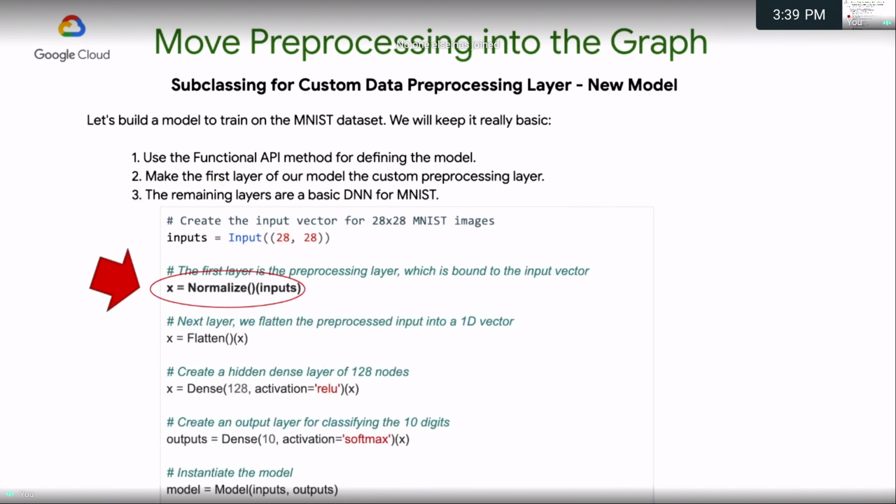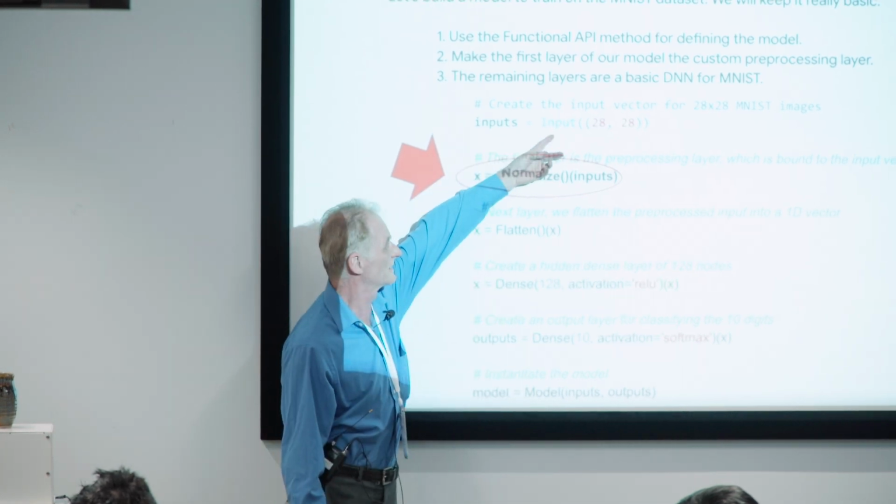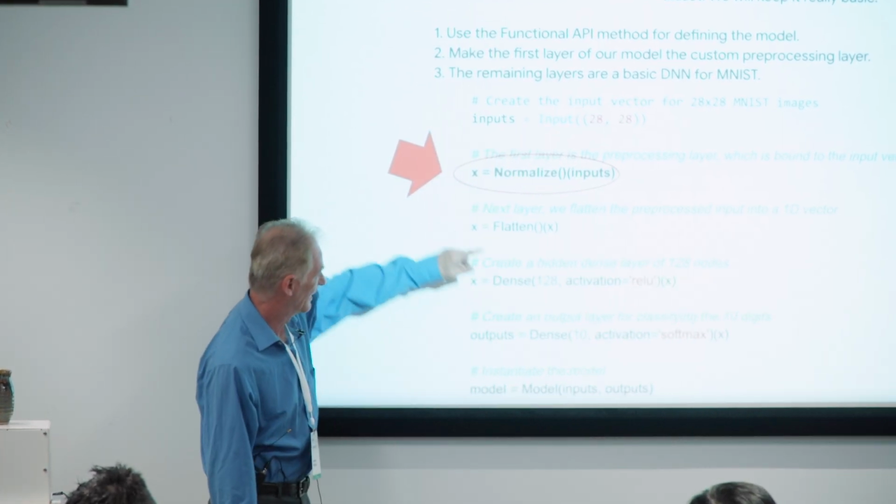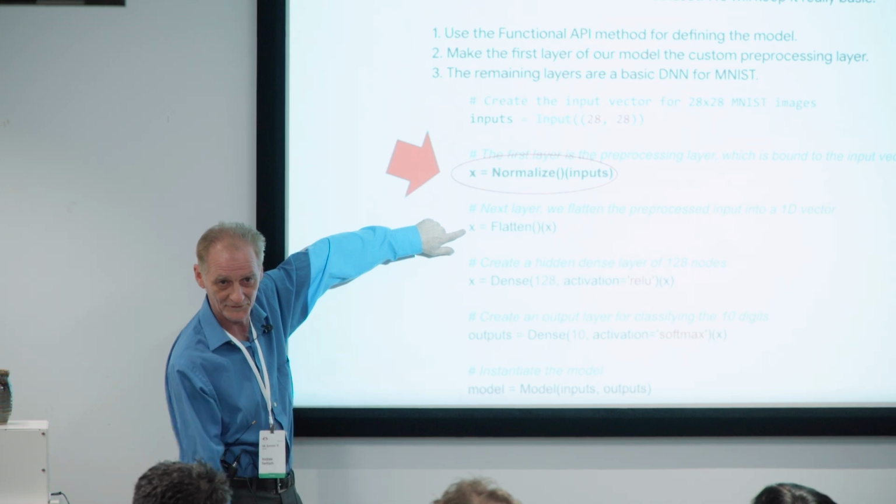So let's look at how I might implement that. Think of this, removing this line, as a very simple MNIST model you might use. I'm going to use the functional API here. First I declare my inputs, and then my first layer, I'm going to flatten them.